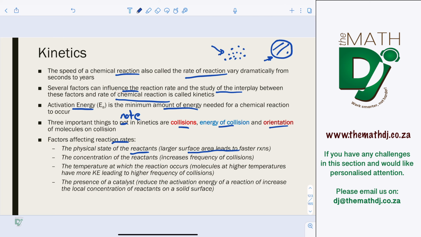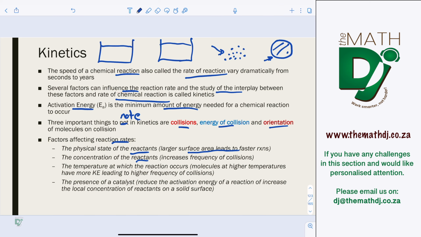Then concentration also. Increasing the concentration of reactants increases the frequency of collisions, which means, let's say you have two substances with different concentrations. Here, we can use a different color. This one will be concentrated, then another one will be very concentrated.